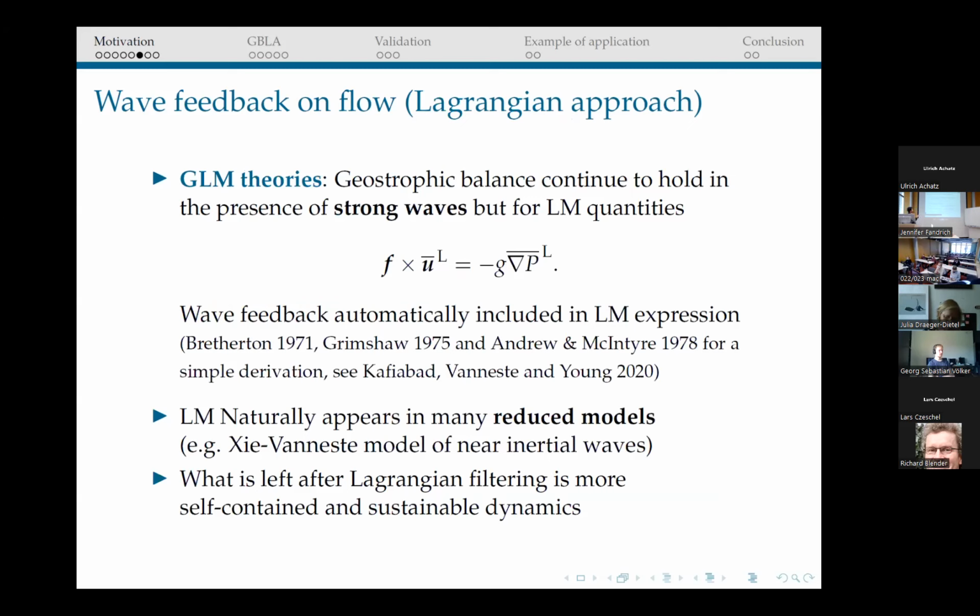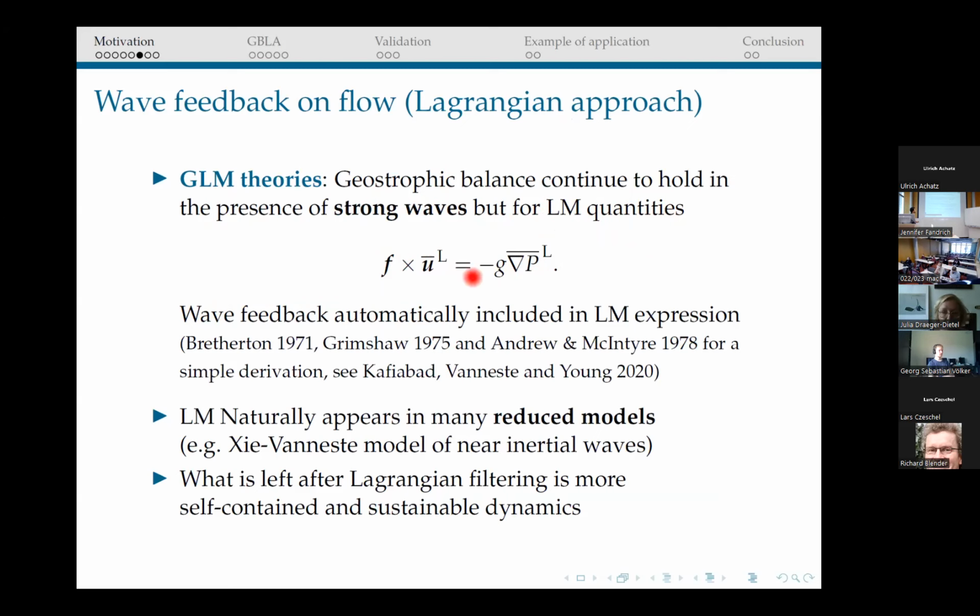GLM theories, or theories based on Lagrangian mean, automatically include that wave feedback without an extra term. So they claim that the geostrophic balance continues to hold in the presence of strong waves, but for the Lagrangian mean quantity. So it has this form now.